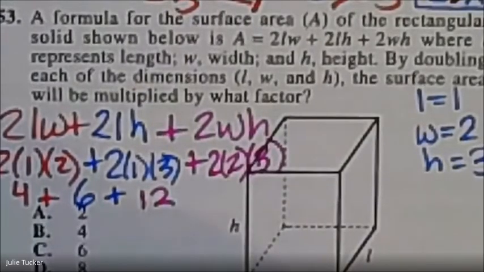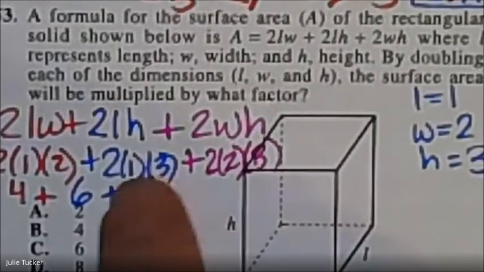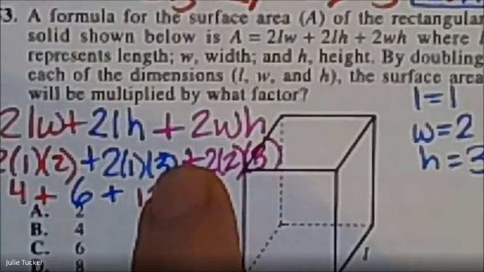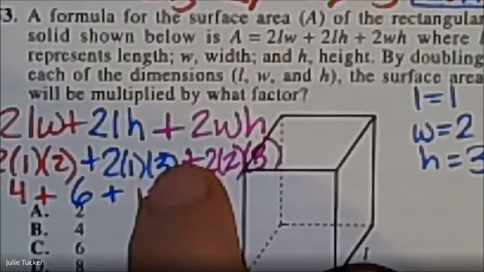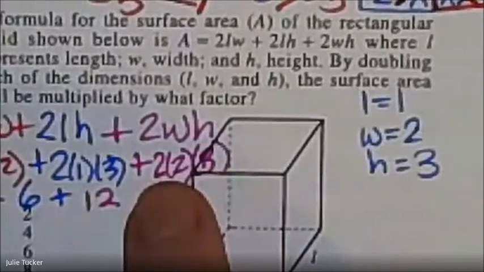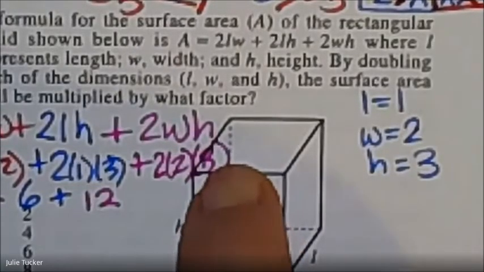So this new number would be 16 down here. What if you double all the numbers in the blue one? Then you'll have 2 times 2 times 6. So that'll be 2 times 2 is 4, and 4 times 6 is 24. What if you double these ones? Then you'll have 2 times 4 times 6.